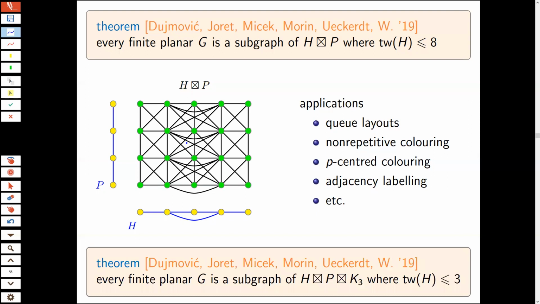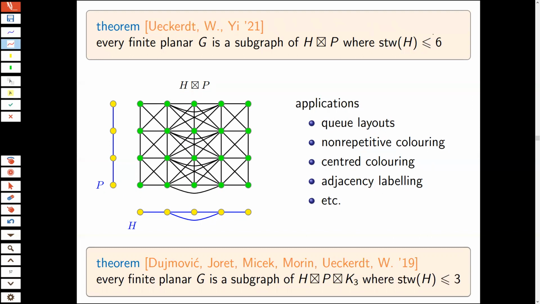There's a variant of the theorem which was proved by the same authors, where we added sort of a third dimension to the product, and it's bounded tree-width times a path times a triangle, but the bonus here is that we get the tree-width bound down to 3 instead of 8.